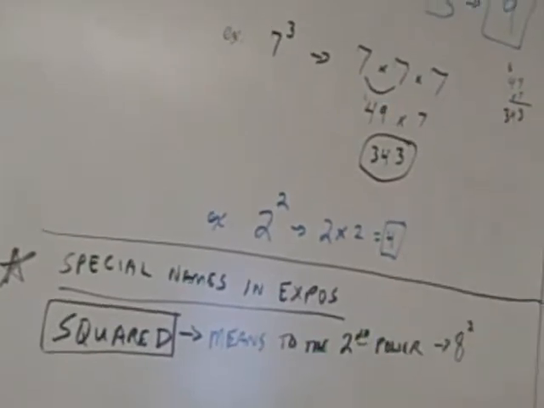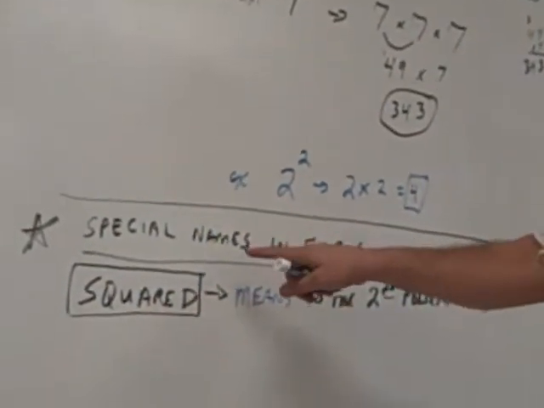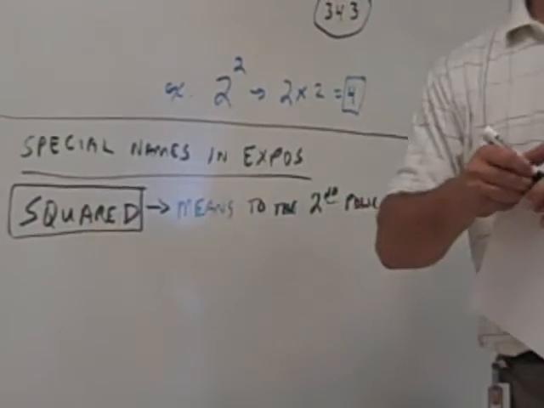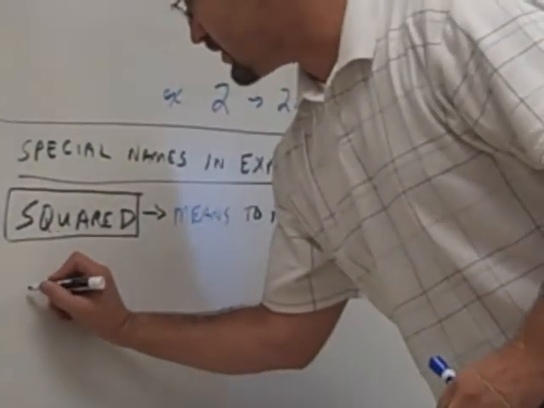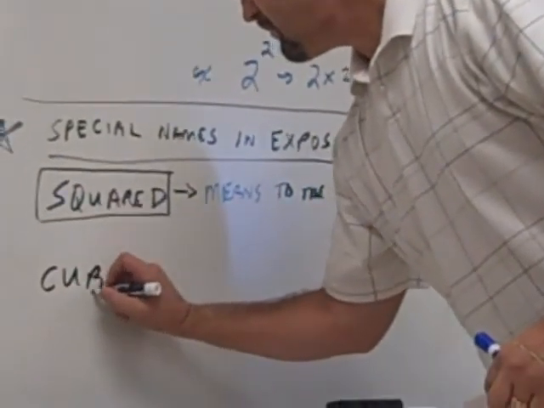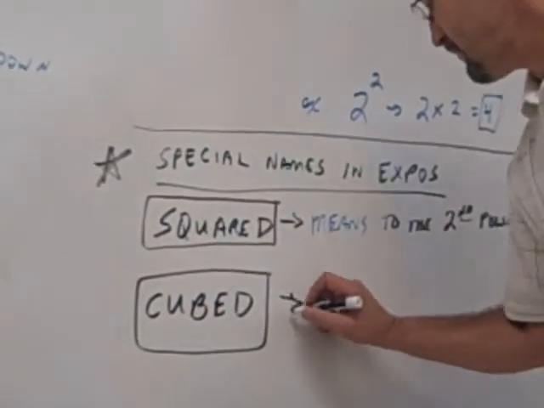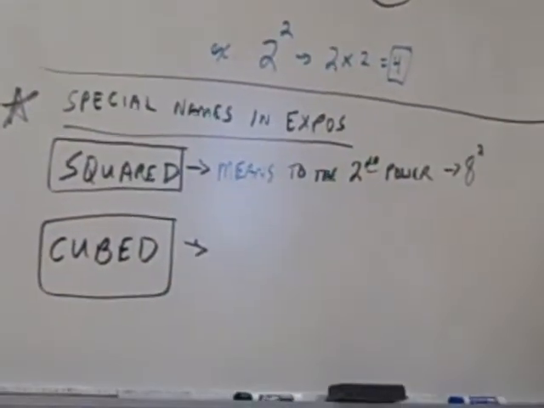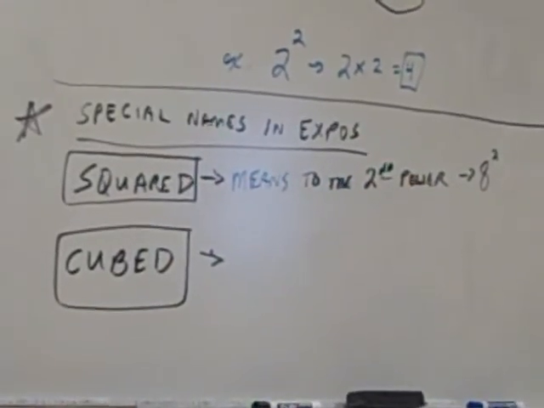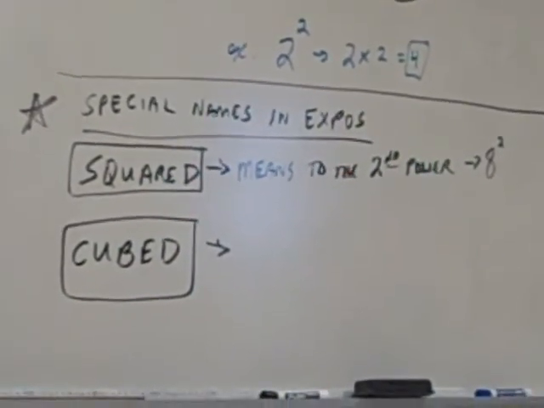Squared. There's one more special name. There's two of them. The second one is cubed.